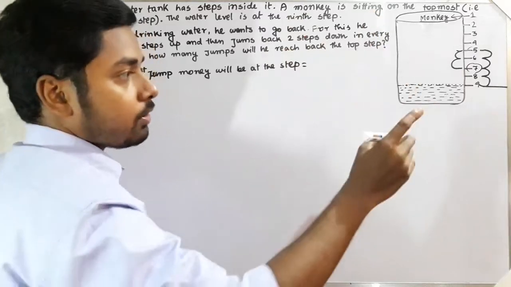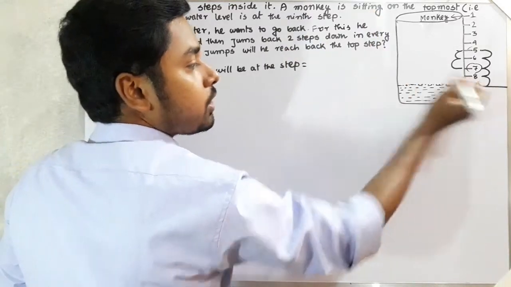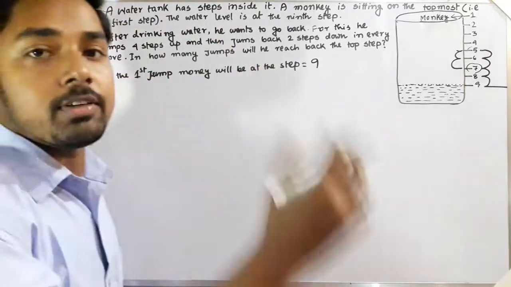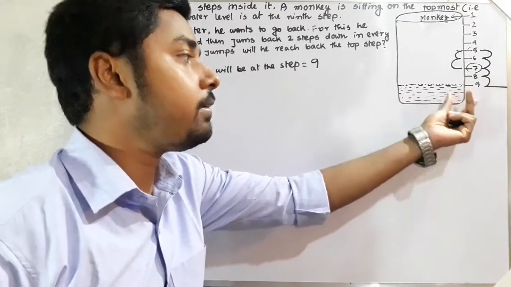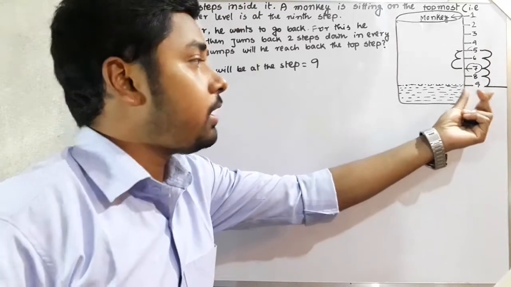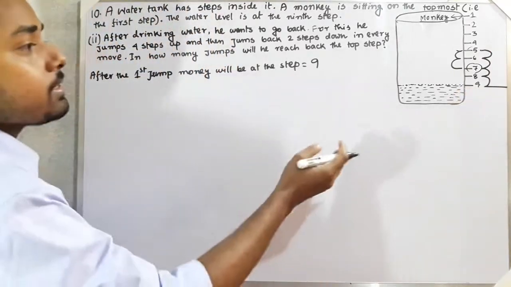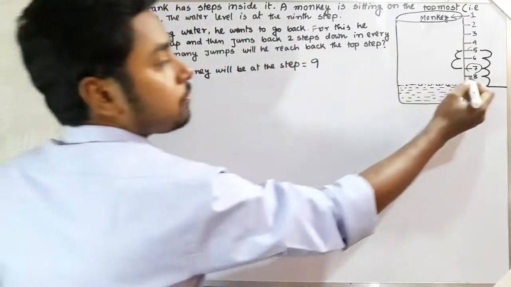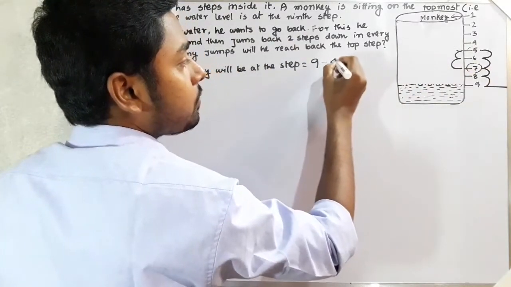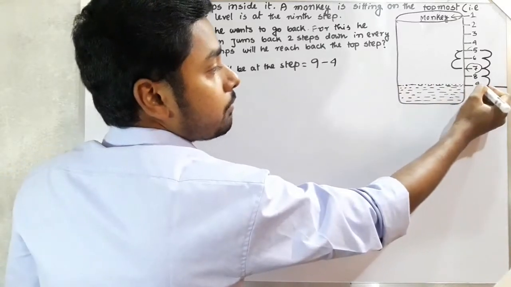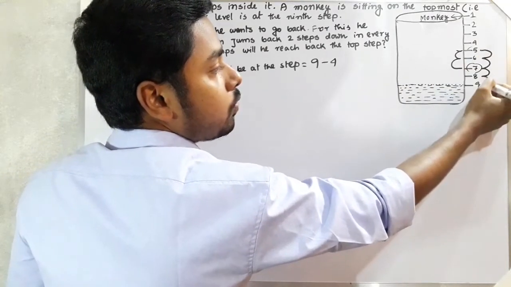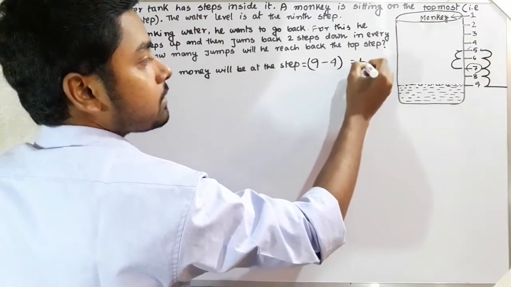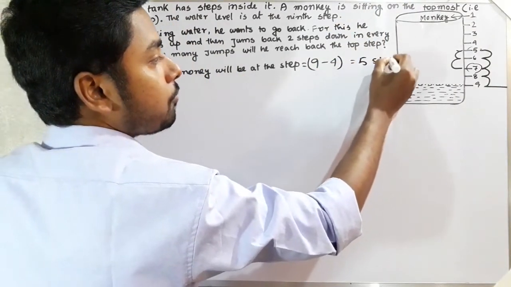First of all, the monkey starts jumping from step 9, because after drinking water he is at the 9th step. After taking water he is going up. Okay, so 4 steps up. So 4 steps up means -4. Try to understand: 9 minus 4 is 5. So 1, 2, 3, 4, 4 steps up. That means he will reach the 5th step.